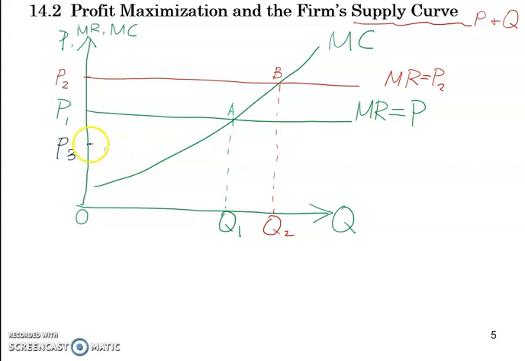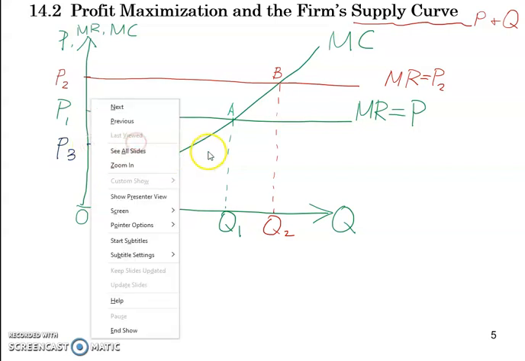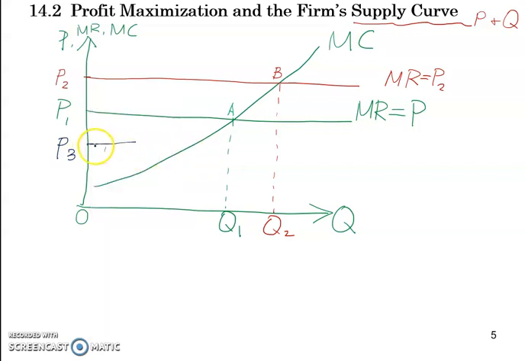Again, for this individual firm, let's write this new level, MR equals P3. So here it should be P1. And then another straight line.